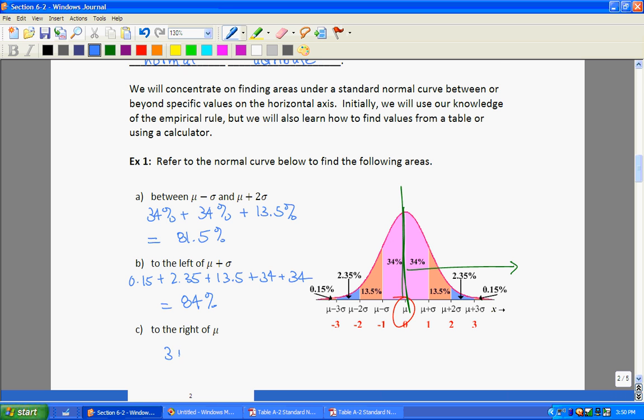So I'm adding up 34 plus 13.5 plus 2.35 plus 0.15, and that should sum up to 0.5 or 50%. But here's another way to think of it, maybe you already have. Remember we said for the standard normal curve, the total area underneath it is 1. Well, if I'm at the mean, that means I'm right in the middle. And if I just want the area that's to the right of that, I want half of it. So I get 50%.